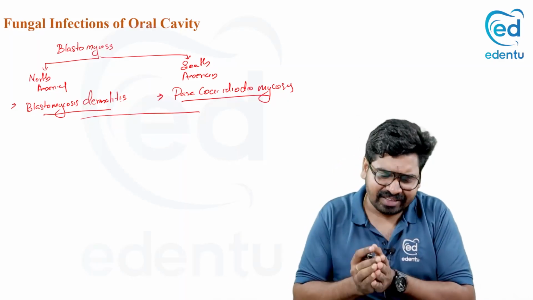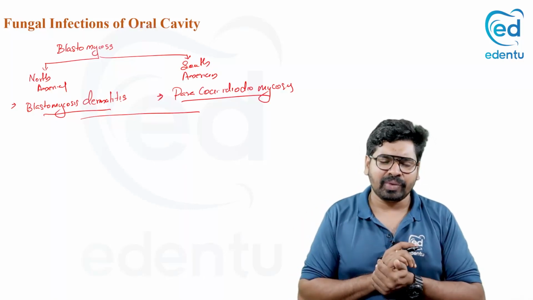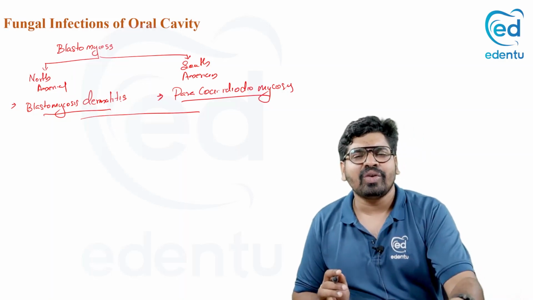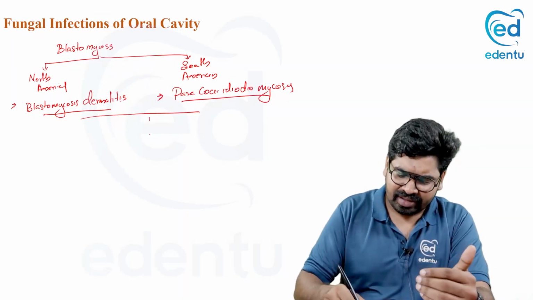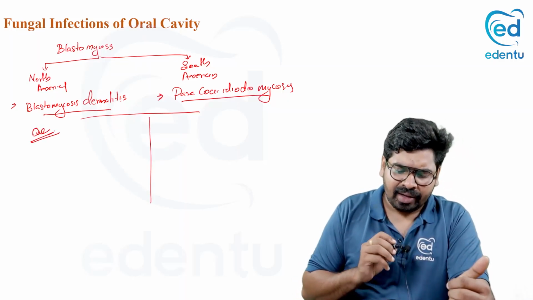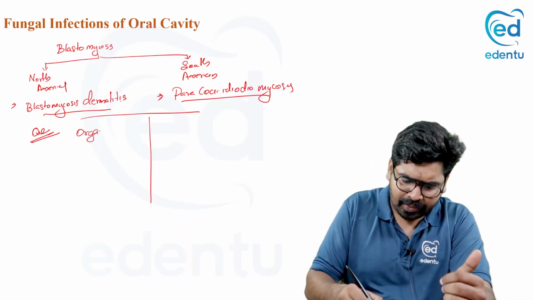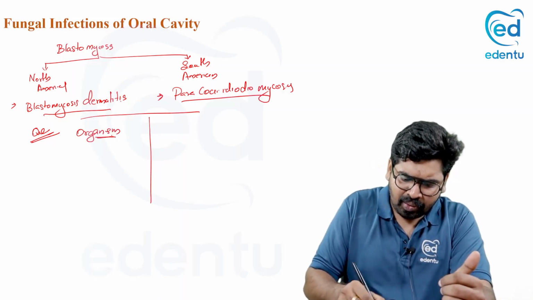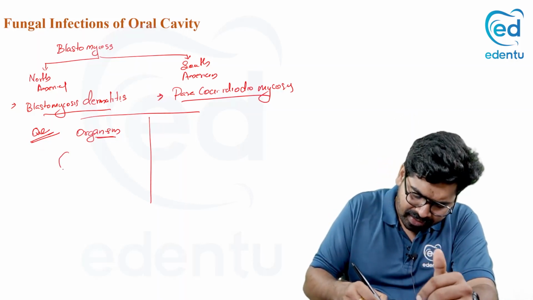They start as an ulcer. They make pustules and ulcers, and they erode the area. They can also involve the oral cavity. The main question area they can ask is the feature of the organism, how the organism looks.